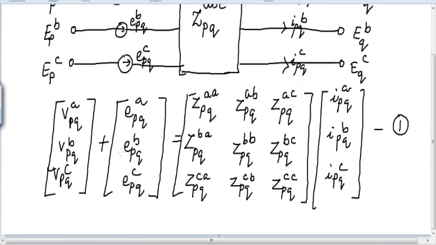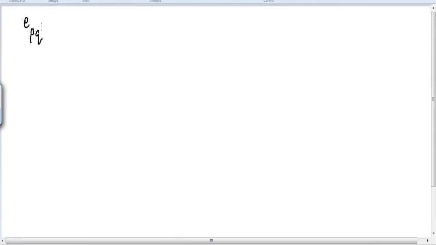So हो गया सभी का लिख के E_PQA, E_PQB, E_PQC. Let us write what is this?